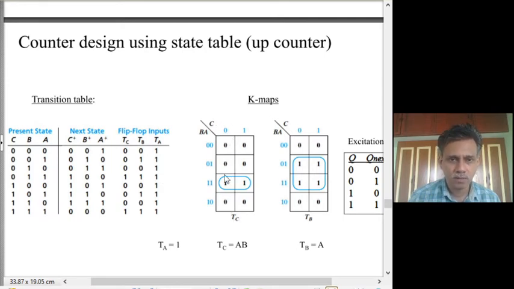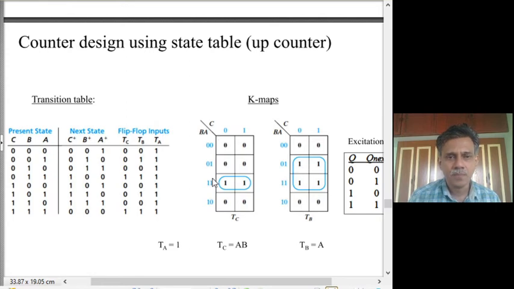Now look at this column, C is equal to 0. Here also the ordering is 0 0, 0 1, but of course 1 0 is there after that, 1 1. Here again there has to be a change. So you have the corresponding mapping of this state table's rows to the rows of this K-map.